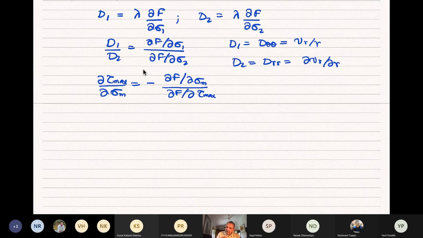Now I'm going the other way around in a sense, because I know what is del f by del sigma 1. So I want to put these in terms of sigma 1 and sigma 2.